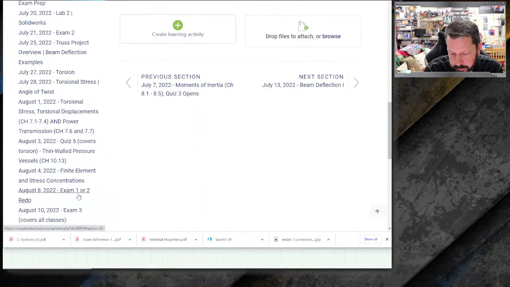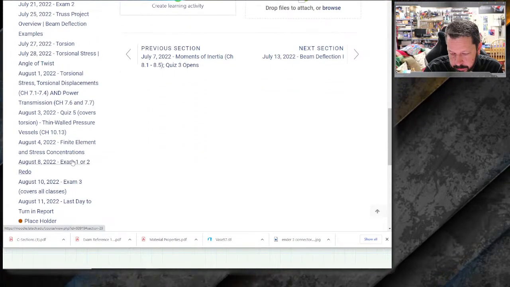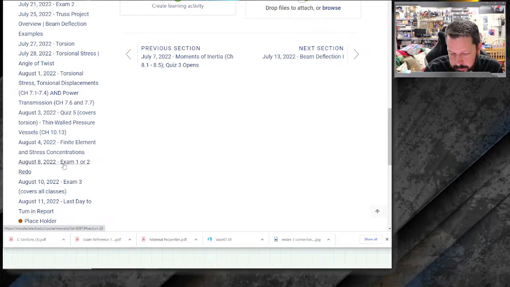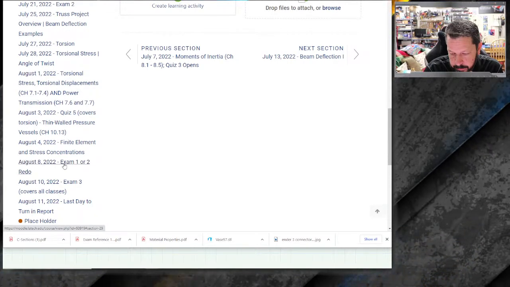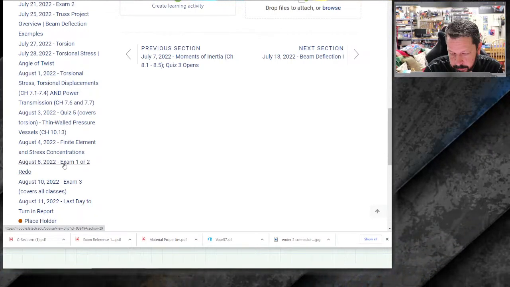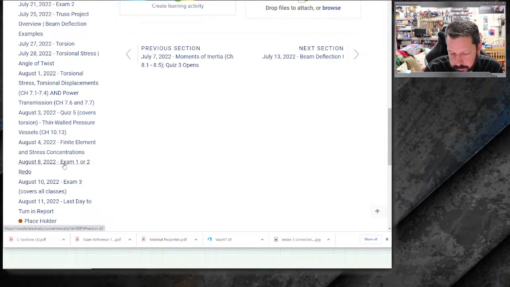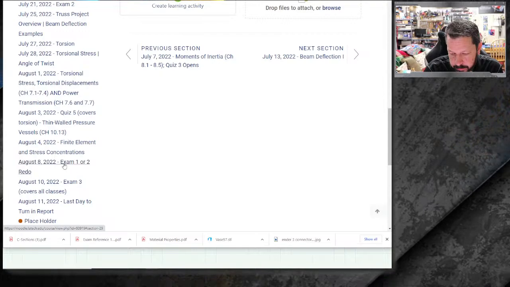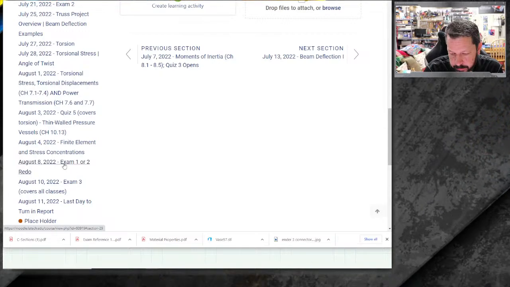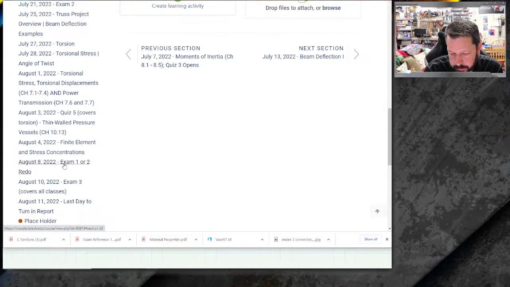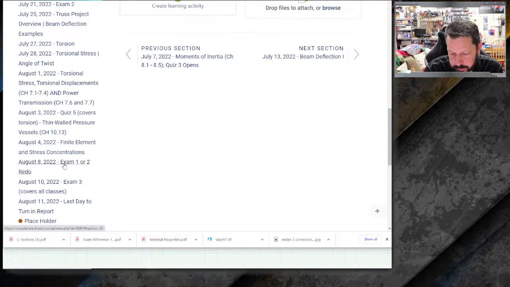And just so you know, the exam 1 or 2 redo is for if, for whatever reason, you don't like the grade you made on exam 1 or 2. Maybe you missed exam 1 or 2, so you have a 0, or you just don't like the grade. You can retake either exam 1 or exam 2 and get a new grade for it.